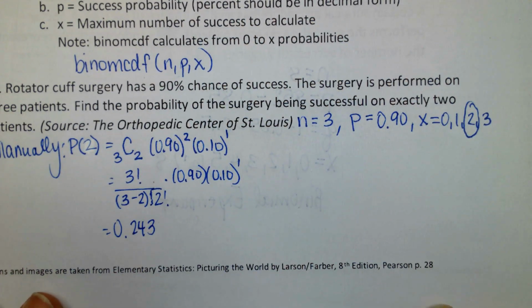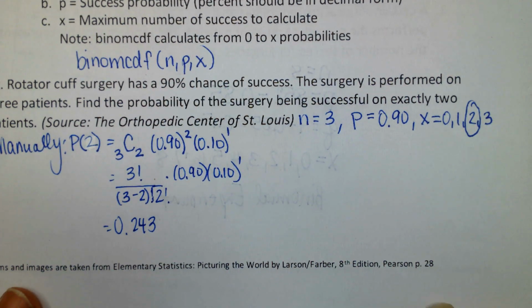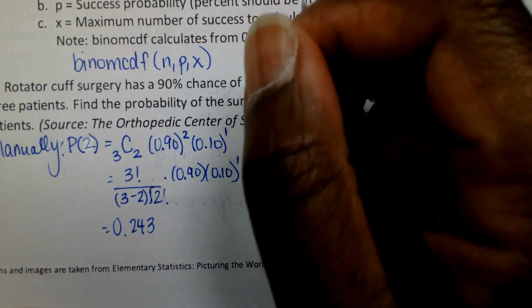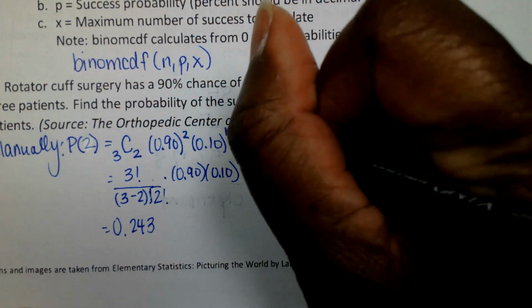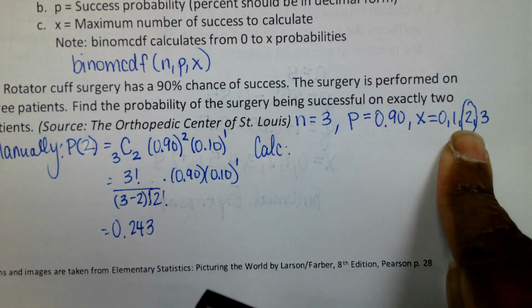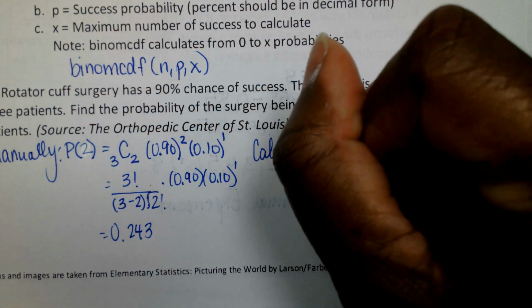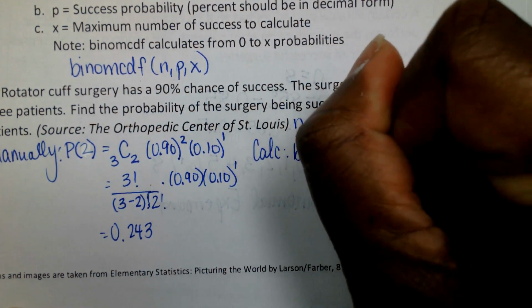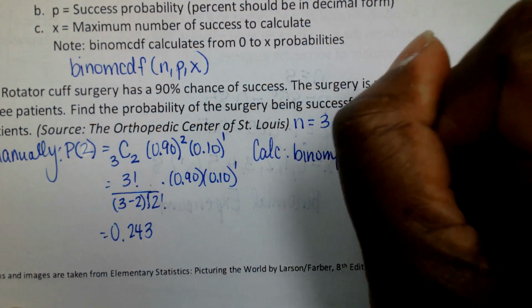Alright, so calculator. Because we're only finding one, we're only finding x equals 2, we're going to use binomial PDF.